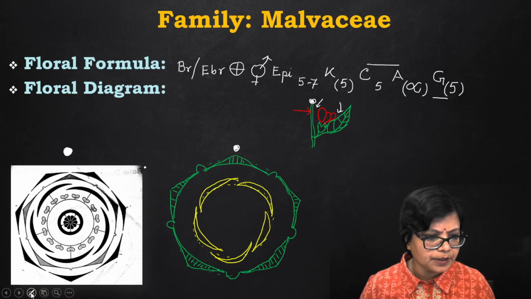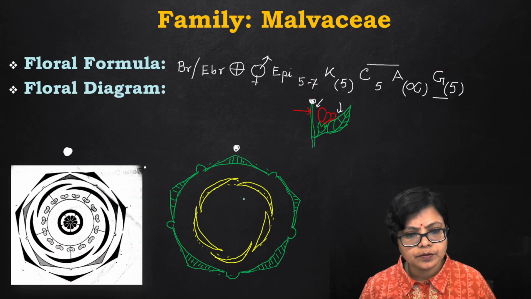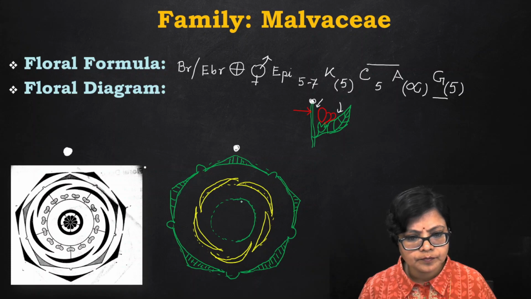Now the next, we have to draw the androecium. The lower part of the filament forms a joint to form a bundle, the staminal tube. So this is to be expressed by drawing one line, and the upper part of the filament is free. So these lines represent the free part of the filament.